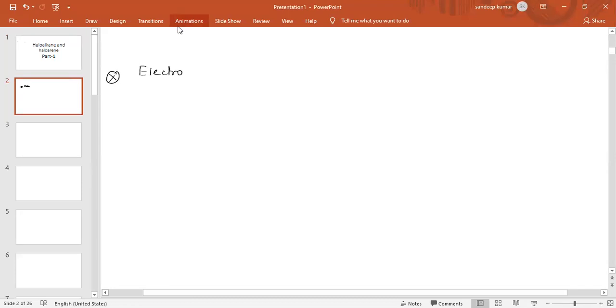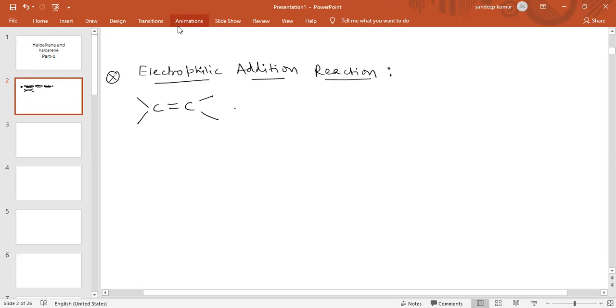So first we are going to discuss the electrophilic addition reaction. I am going to discuss the basics behind this reaction. What is the basic of this reaction? See, if there is a double bonded carbon atom and we want to add the electrophile and nucleophile part, the electrophile will bear positive charge and the nucleophile will bear negative charge.